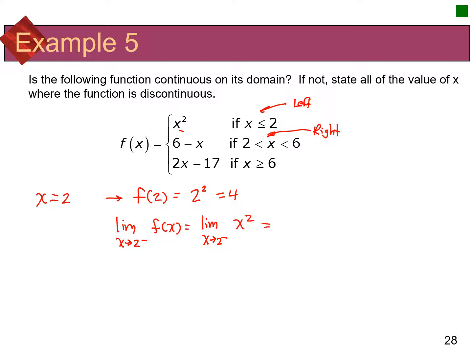And with any other limit, I plug the number in first to see what happens. That gives me 2 squared, which is 4. So that exists. The limit as x approaches 2 from the right of f of x. Well, for this formula, I'm going to be using, instead of x squared, since I am approaching from the right, the formula 6 minus x, which is 6 minus 2, which equals 4.